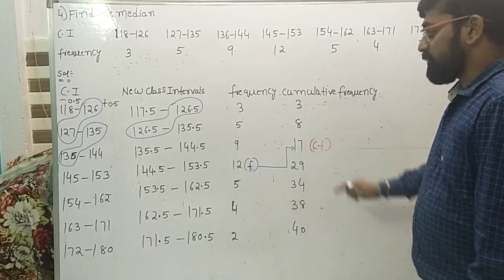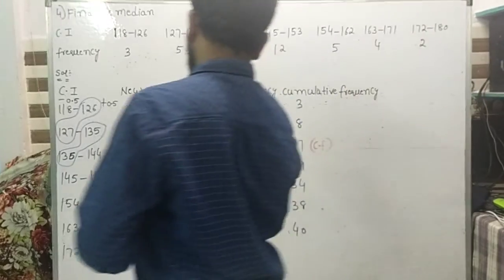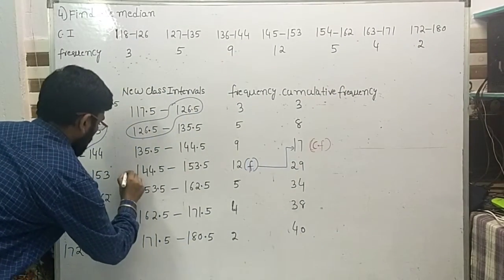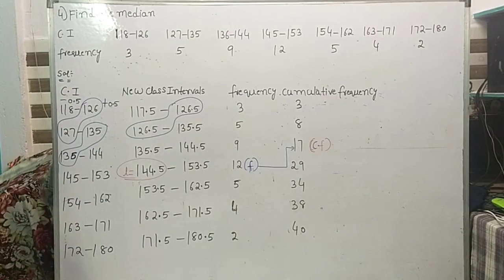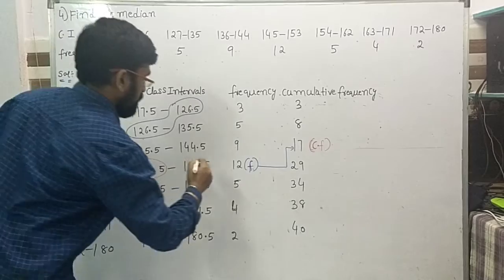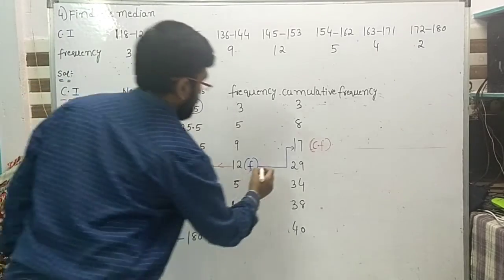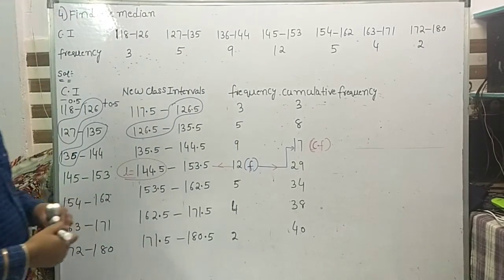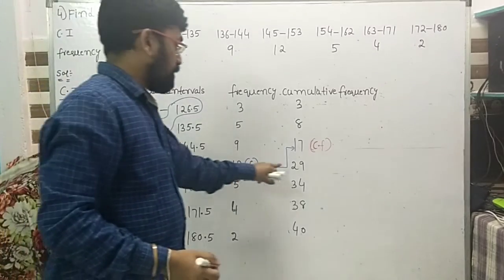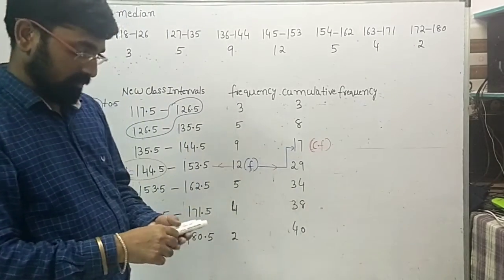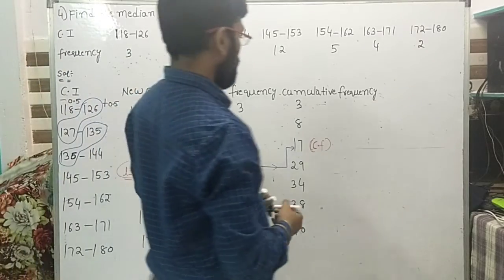The lower boundary on the same row is L. The highest frequency row gives the lower boundary, and the row above gives the cumulative frequency.